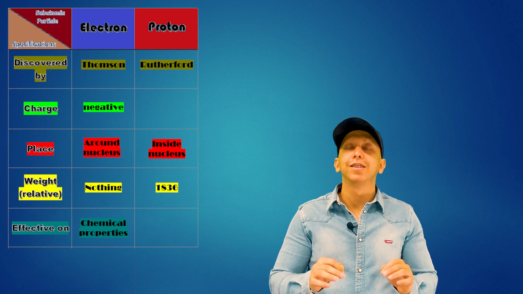And now let's talk about the proton. When the number of protons changes, what will happen to the atom? The atom will change completely. For example, when the number of protons in an atom is only 1, the atom is hydrogen. But when you give one more proton to its nucleus, we have 2 protons, and the atom with 2 protons is helium.